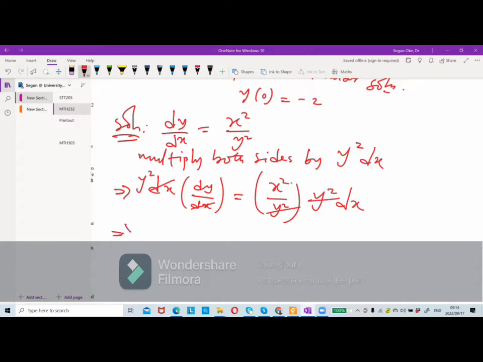So at the end of the day, I will write it as y squared dy equals x squared dx. You said we should cross multiply. It's more or less the same, but if you look at this question, not all questions you can easily cross multiply.